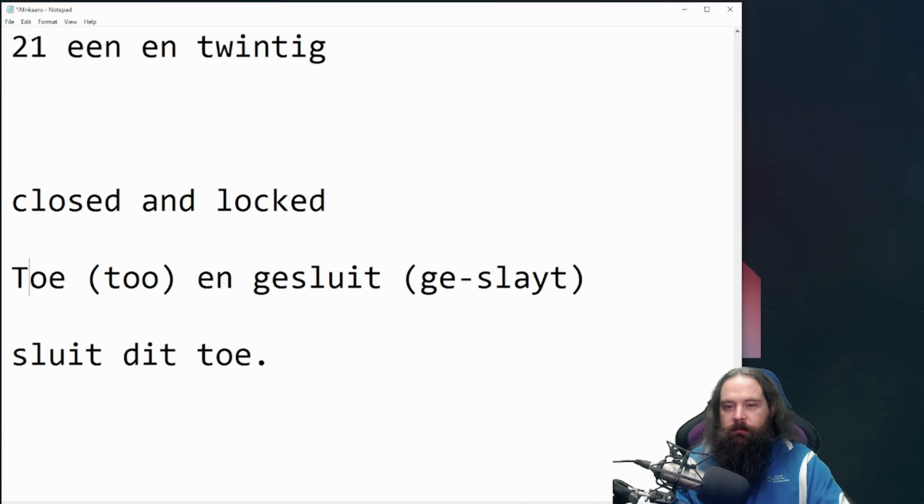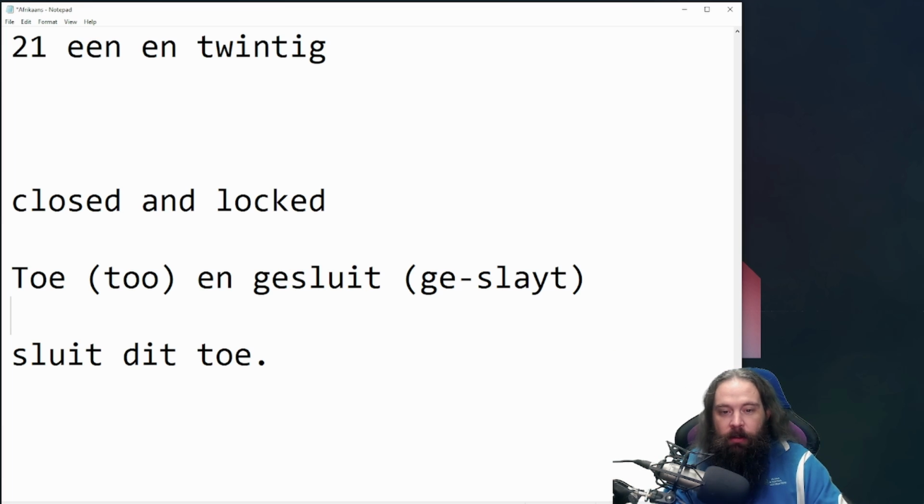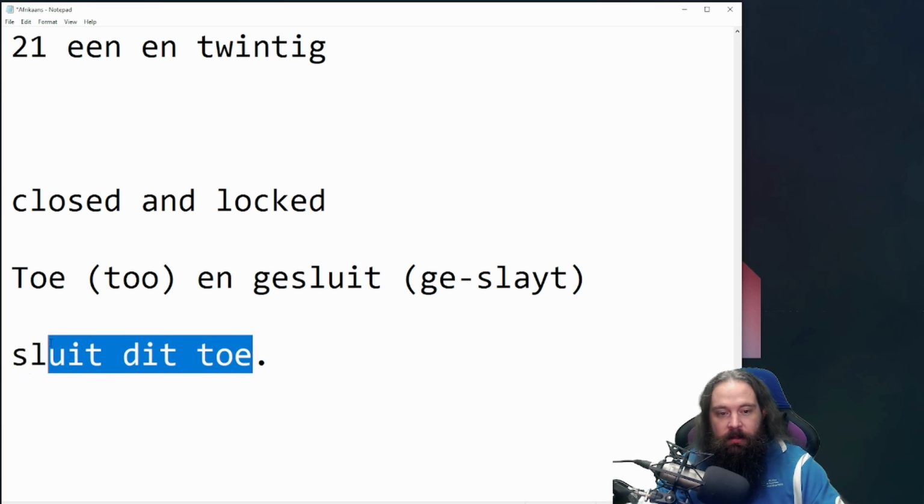So gesluit means something is locked. But what I'm saying in this sentence is lock that, right?